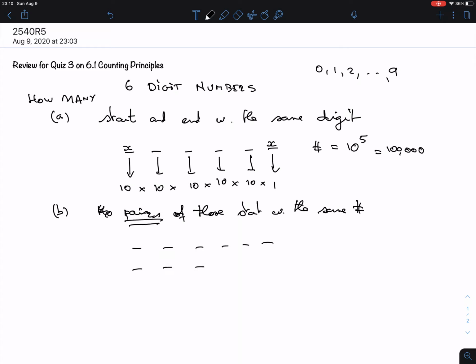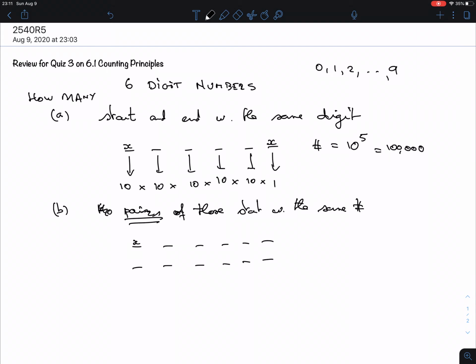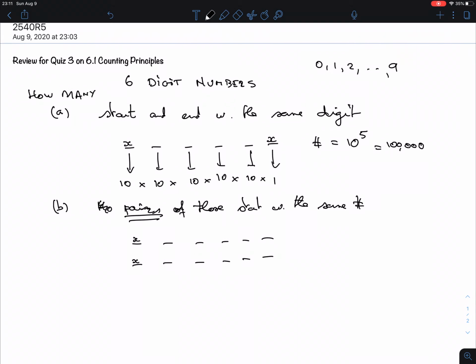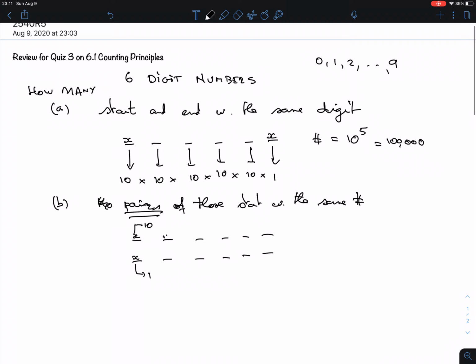We're actually choosing 2 of these numbers, and a pair normally means they're in a certain fixed order. Whatever we choose to be the first digit of the first number, we are also restricted to choose for the second number. How many choices do I have for the first one? 10. But for the second, only 1, because my second number has to also start with the same digit. For the remaining digits, I'm free to choose whatever I want. There are no more restrictions.